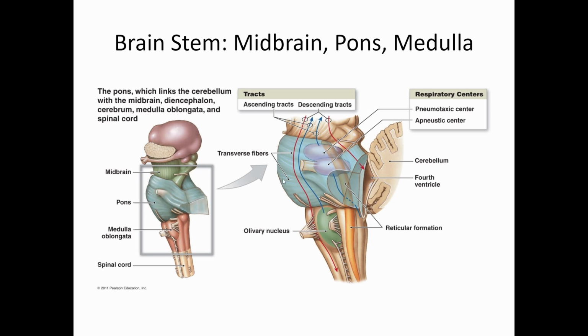A lot of the respiratory centers related to the medulla oblongata have some neighbors in the pons, but again, most of those automatic or autonomic functions belong to the medulla oblongata, which receives higher signaling from the hypothalamus.